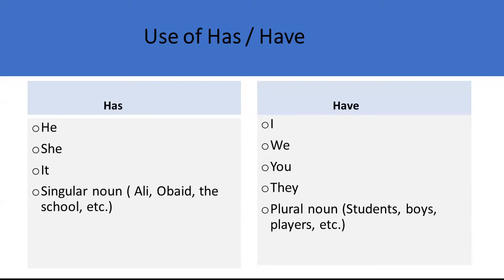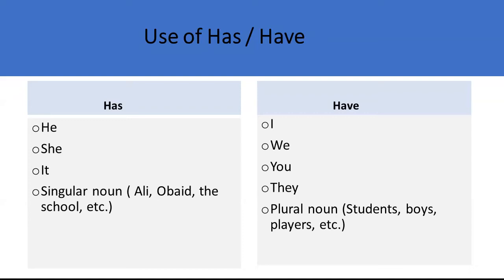Now, are you clear about the use of has and have? Where to use has and where to use have? I hope you are clear now. And you also have understood what is present perfect tense. We will recall it. Present perfect tense shows completed action, finished tasks, complete sentences.